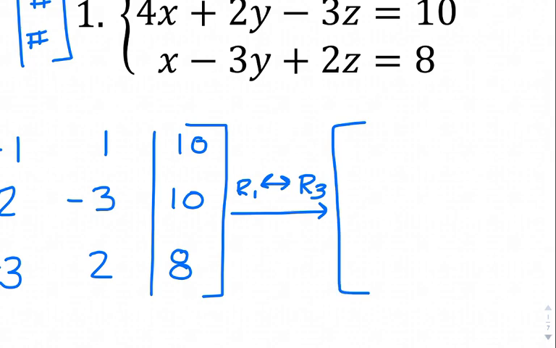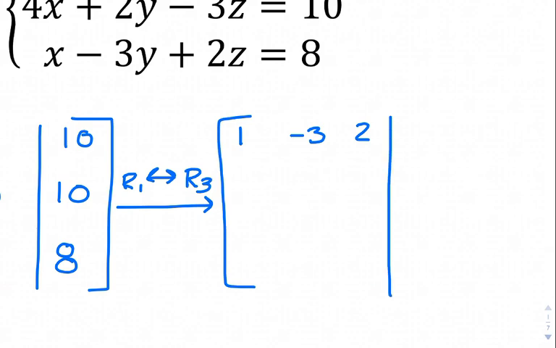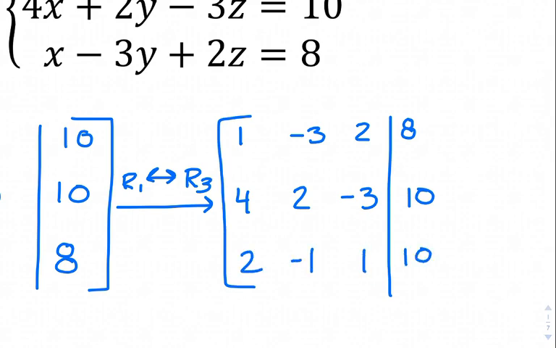So when I do that, my matrix becomes 1, negative 3, 2, 8, then 4, 2, negative 3, 10. So row 2 stays the same. And then row 3 becomes 2, negative 1, 1, 10. So I got my 1 in this spot, which means I'm done with that.